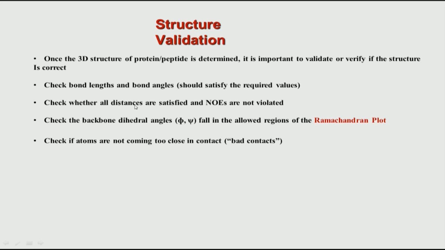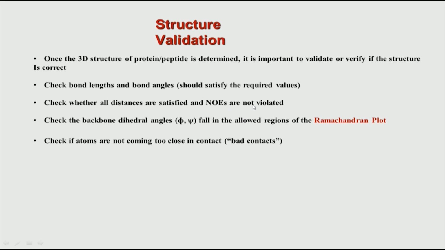Then the second check which we do to verify if the structure is good is that all the distance constraints that we have given should be satisfied and there should not be too many violations. Violations meaning that it is not following the value which we have given.